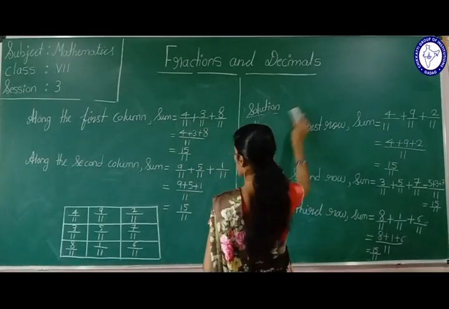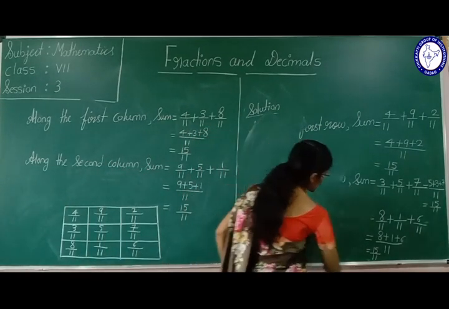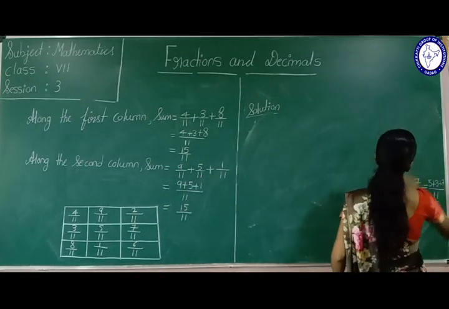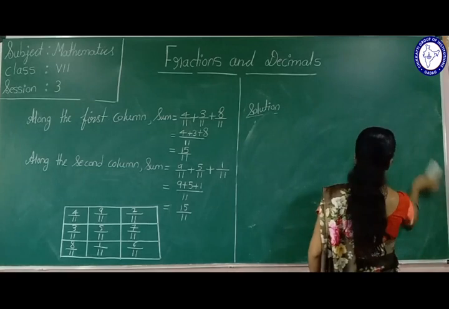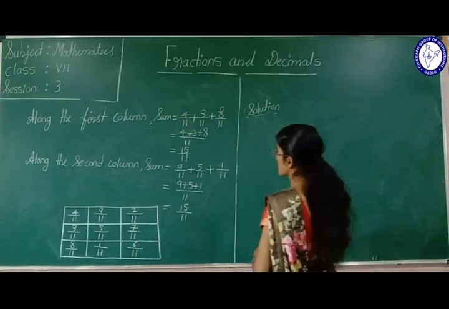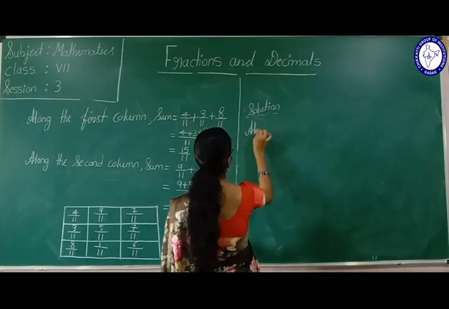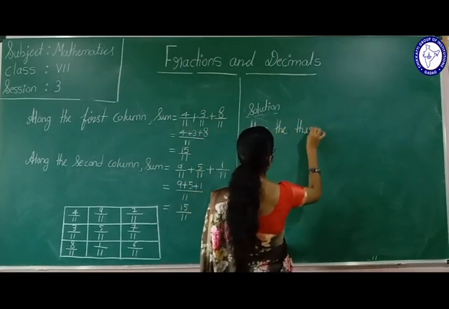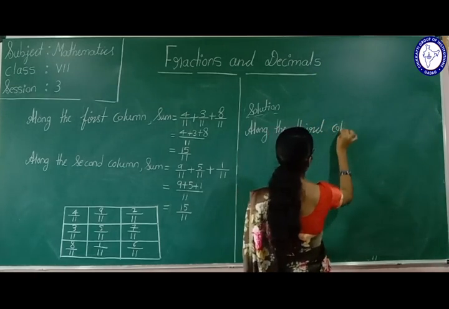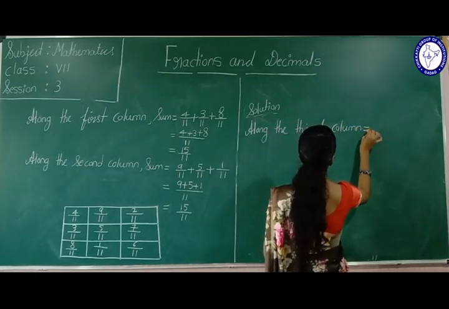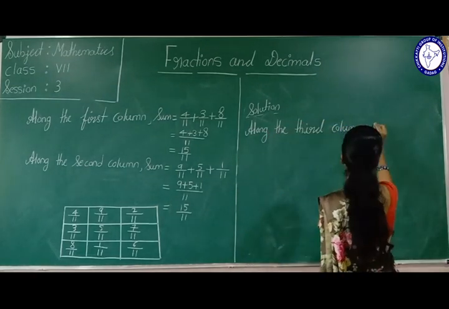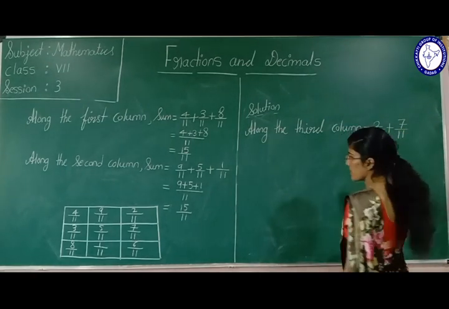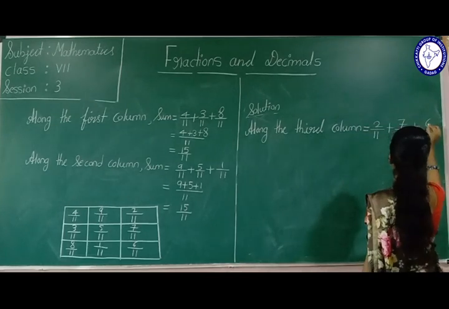Now we will see along the third column. Now say it will be 2 by 11 plus 7 by 11 plus 6 by 11.